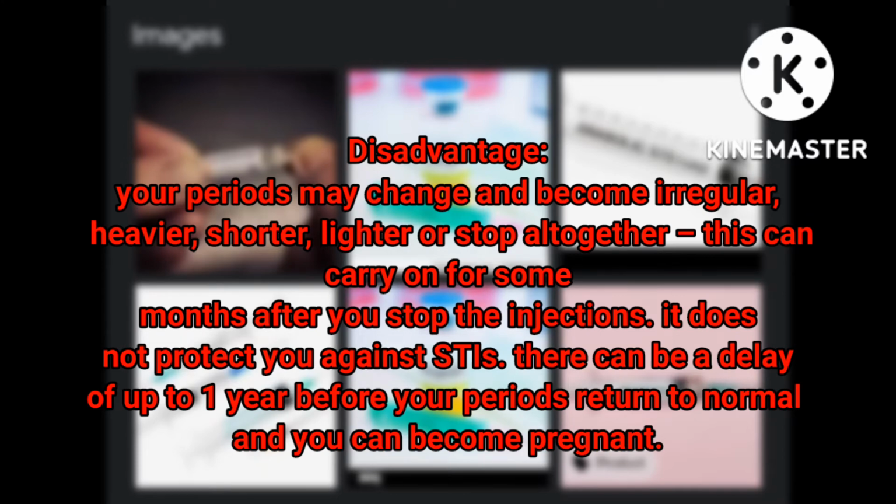Disadvantage: your periods may change and become irregular, heavier, shorter, lighter, or stop altogether. This can carry on for some months after you stop the injection. It does not protect you against STIs. There can be a delay of up to 1 year before your periods return to normal and you can become pregnant.